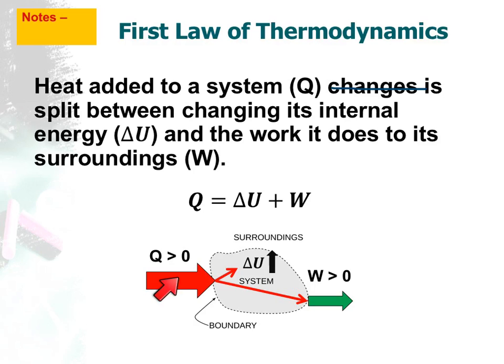So if we add some amount of heat to this system, some of that heat is going to be transferred into raising the internal energy of the system itself. But then there's another portion, and we can't determine that unless we know some other things, that is transferred into doing work on its surroundings. This would involve increasing the volume of the system.